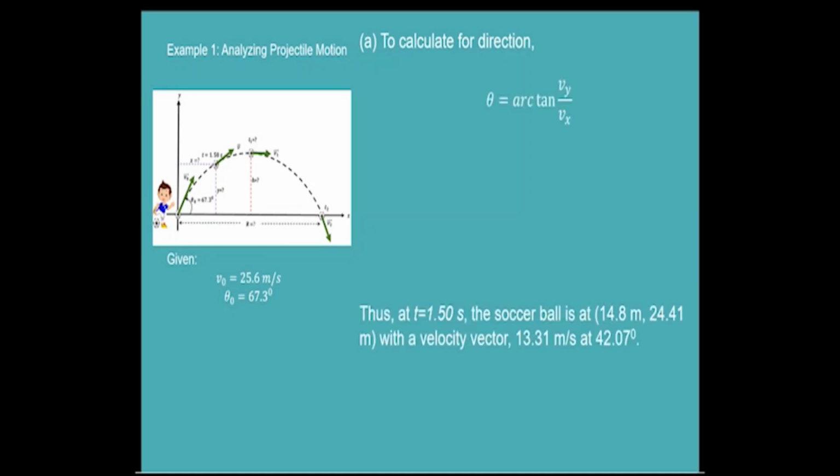Now, to calculate the direction, we will use tangent theta, or theta is equal to arctan v sub y all over v sub x. Substituting the values, we have 8.916 meters per second all over 9.879. Our angle is equal to 42.07 degrees. Thus, at 1.50 second, the soccer ball is at 14.8 meters, 24.41 meters, with a velocity vector of 13.31 meters per second at 42.07 degrees.